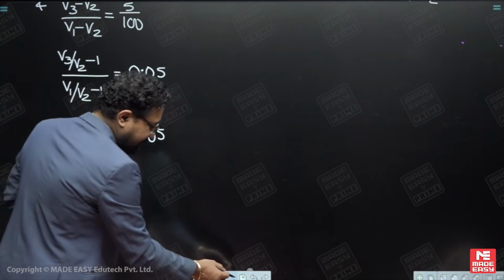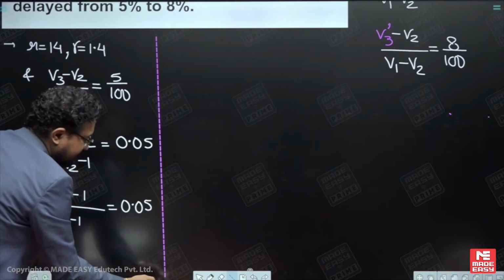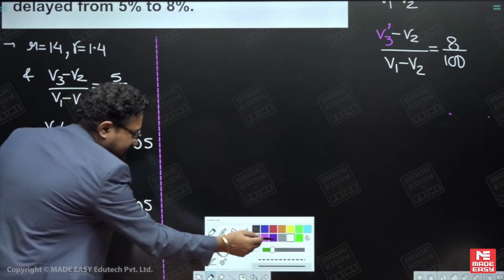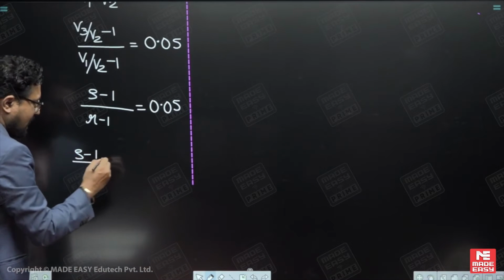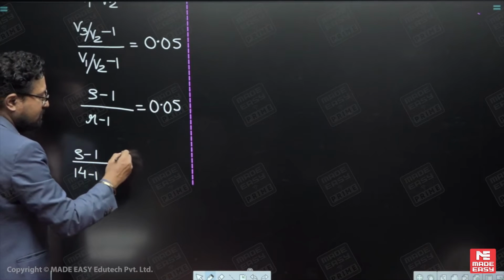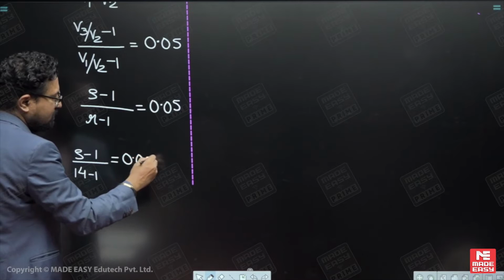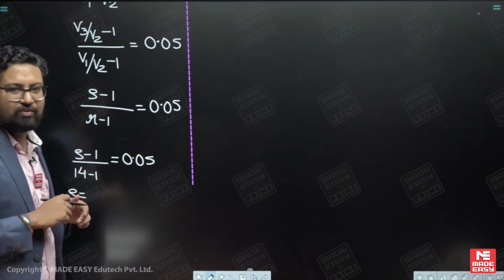Now for the initial efficiency, the cutoff ratio rho can be easily found out. Let me find this value. (rho - 1)/(R - 1), with compression ratio given to be 14, so (rho - 1)/(14 - 1) equals 0.05. So I can find the value of rho, the cutoff ratio initially.